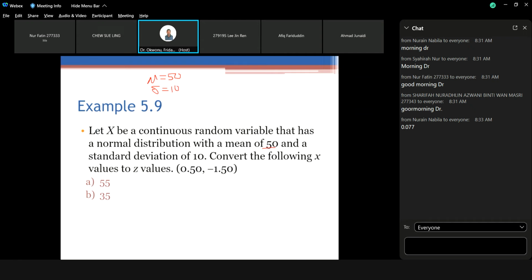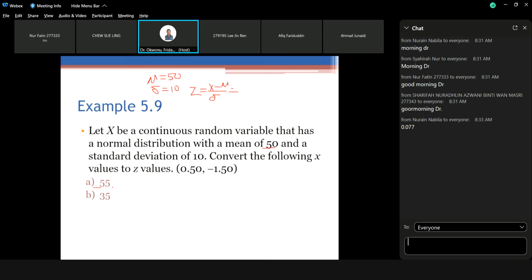Okay, so remember, this is the formula you want to use, all over this. Okay.